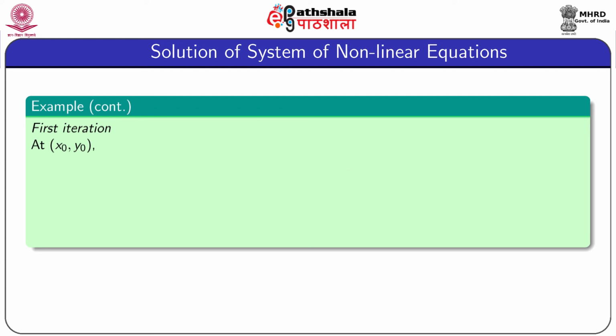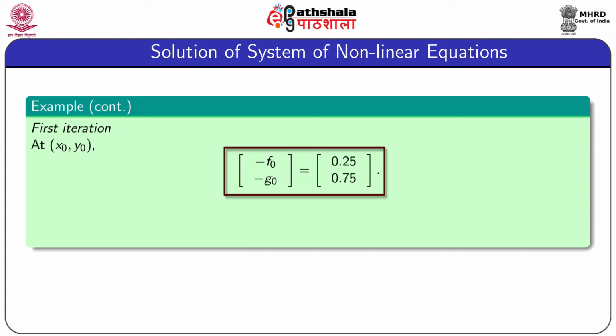Now, at the first iteration, we evaluate the values of the coefficient matrix and the values of f and g at the point x0, y0, and in this case −f0 and −g0 are −0.25 and 0.75.